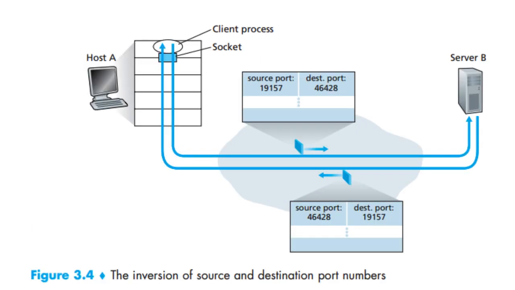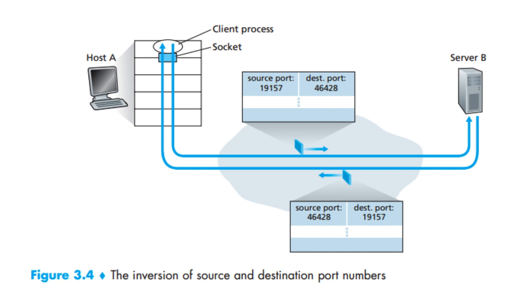As shown in figure 3.4, in the inversion of source and destination port numbers in the A to B segment, the source port number serves as part of a return address. When B wants to send a segment back to A, the destination port in the B to A segment will take its value from the source port value of the A to B segment.